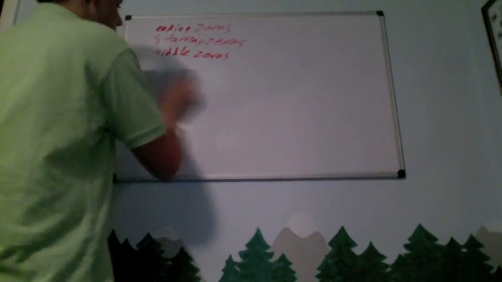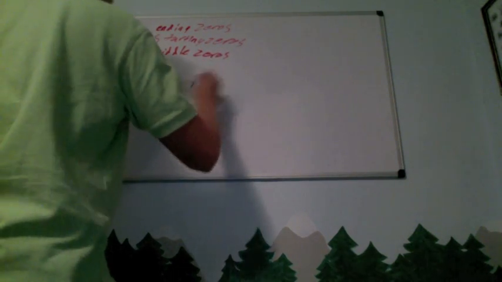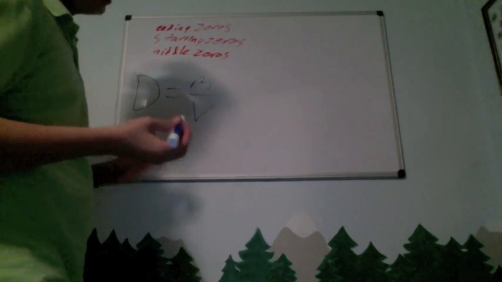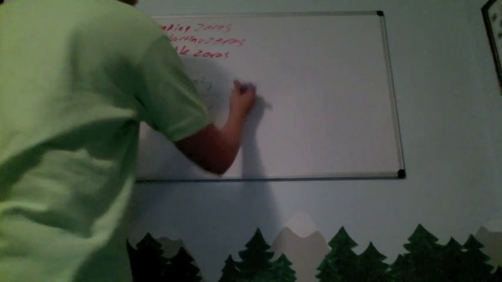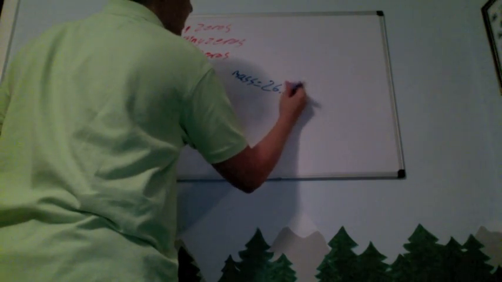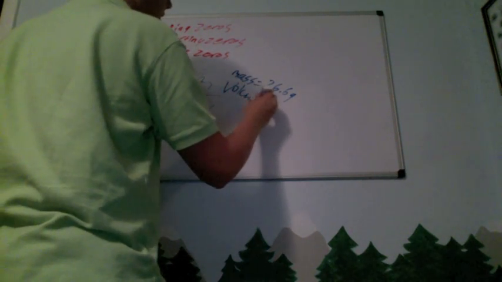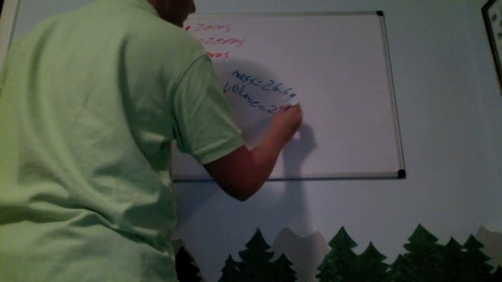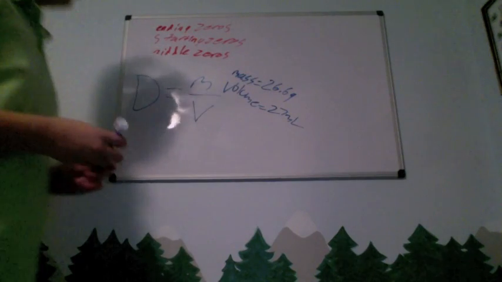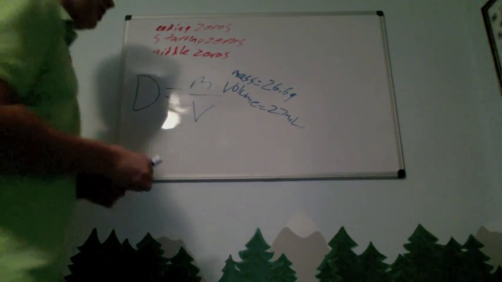Now, when you're solving equations, like say you're taking the density of an object. So that's density equals mass over volume. So if you get 2 measurements like mass equals 26.6 grams and volume equals 27 mL, the way that this works is you have to use the number that has fewer significant figures.